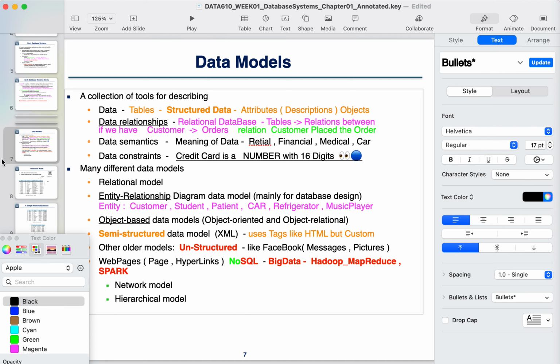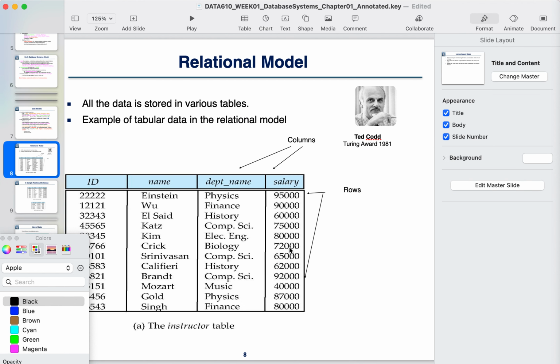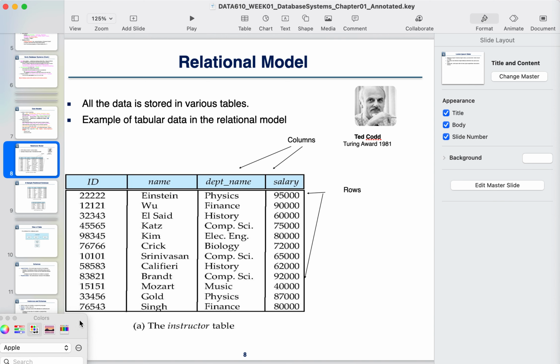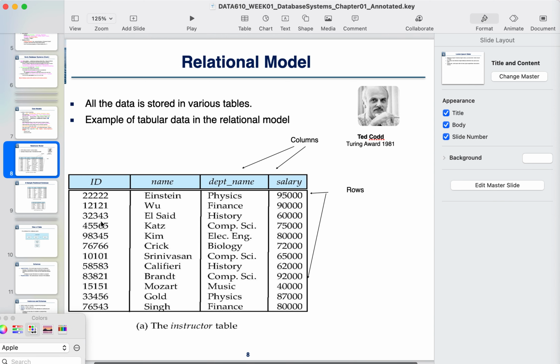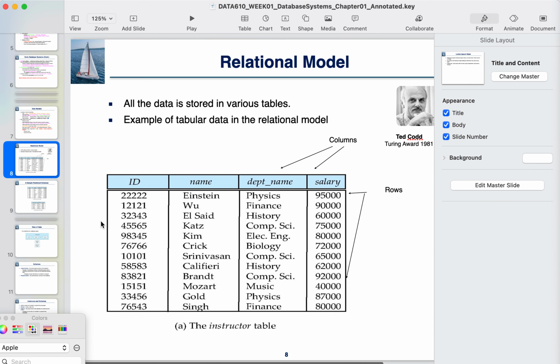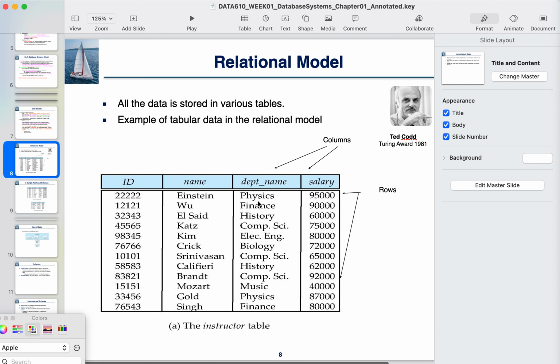So let's look at our tables. This is the structured data right here. It has rows and columns. In the rows we have the objects. In the columns we have the attributes.